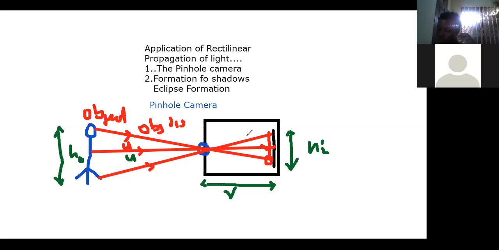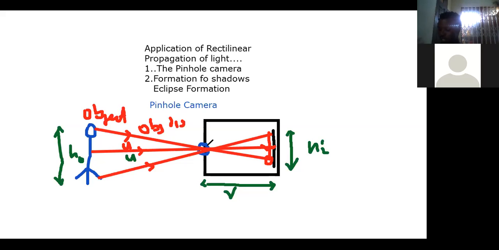Now, when the pinhole is enlarged, the image formed is normally blurred, because let me explain why. When the pinhole is enlarged, the image becomes brighter but blurred, in the sense that when this hole is large, the hole behaves like a combination of 2 or 3 holes.